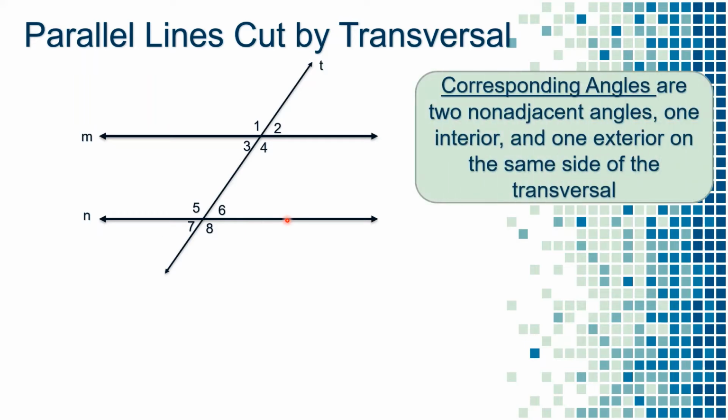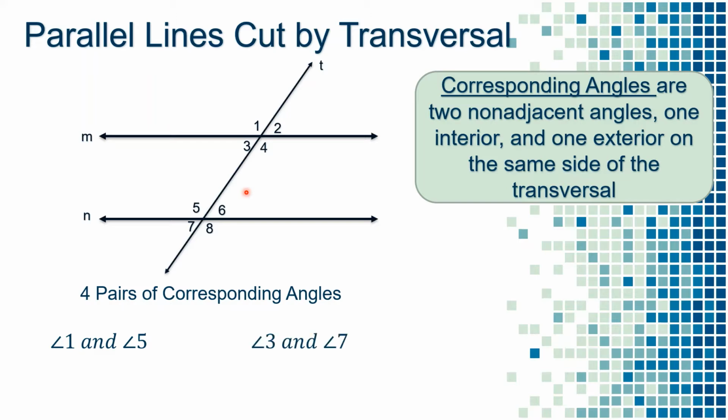So let's begin with corresponding angles. Corresponding angles are two non-adjacent angles, one interior and one exterior on the same side of the transversal. So in here, we can name four pairs of corresponding angles, and these are angle 1 and angle 5.